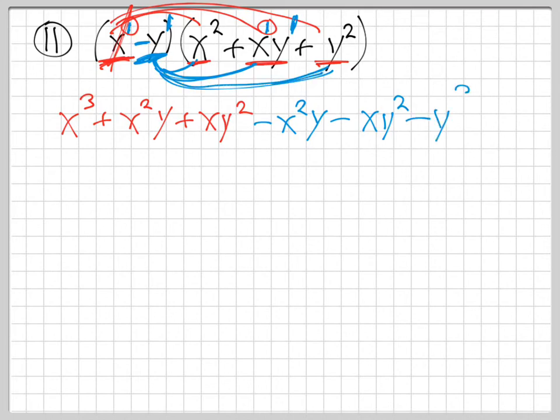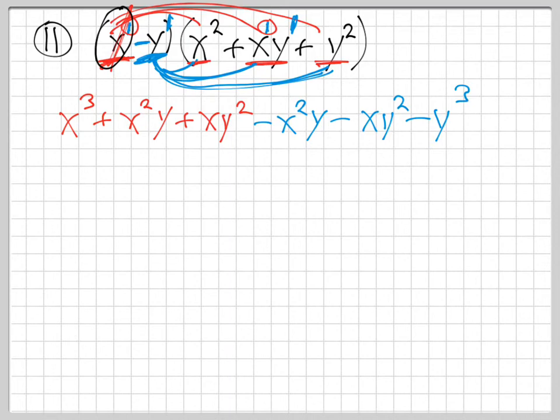That'll be minus y cubed. Good? I just take the very first one in the parenthesis and go to all three, and then the second one and go to all three, regardless of any other power considerations.